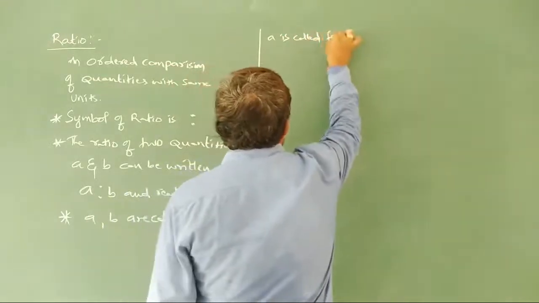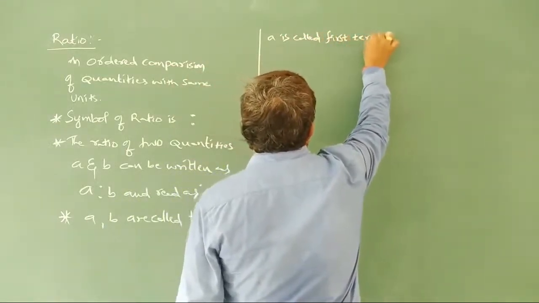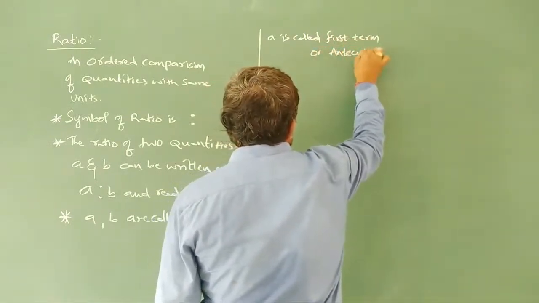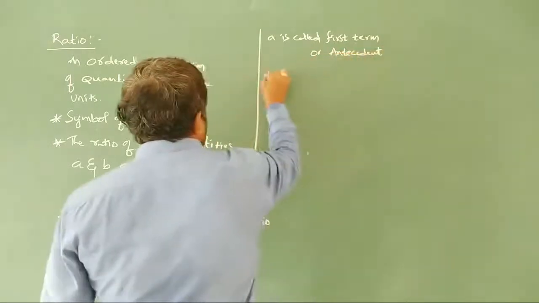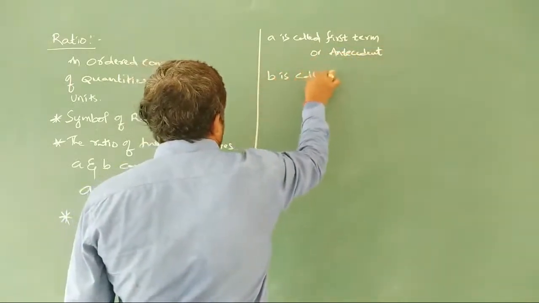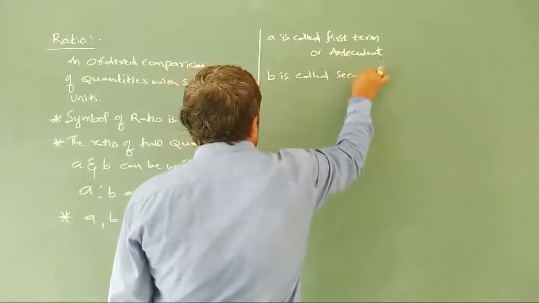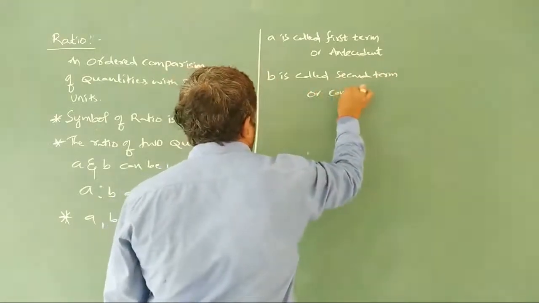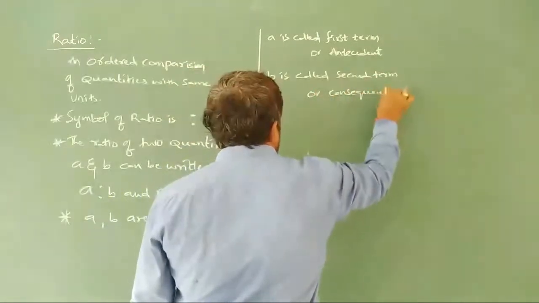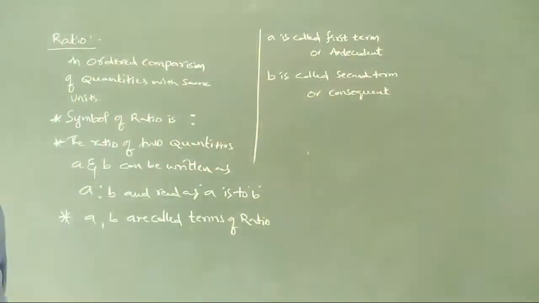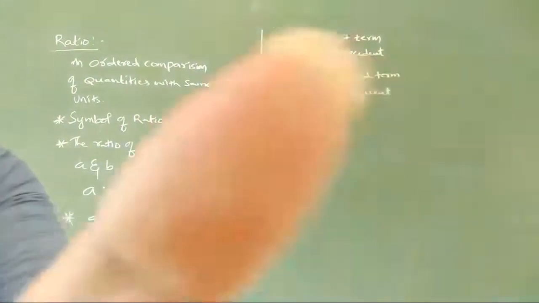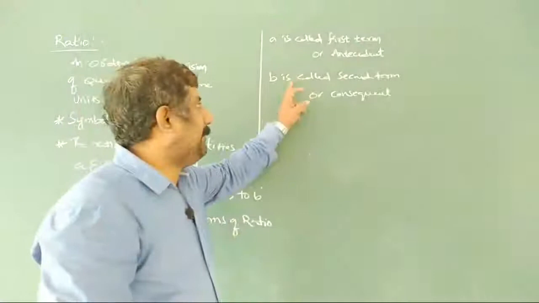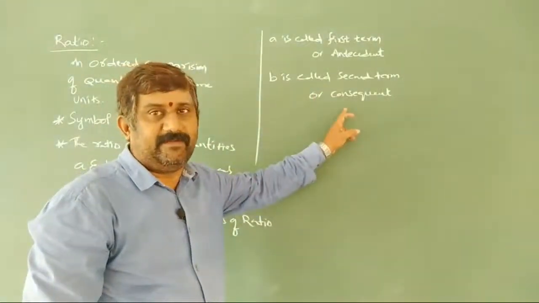A is called the first term or antecedent, and B is called the second term or consequent. A is called first term or antecedent and B is called second term or consequent.